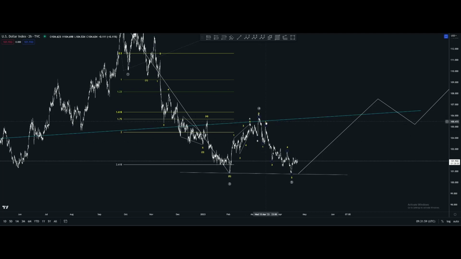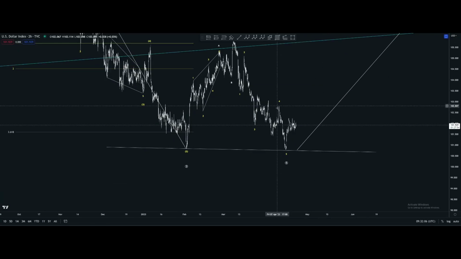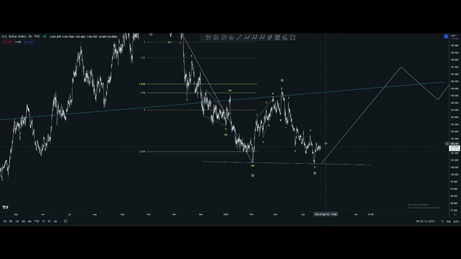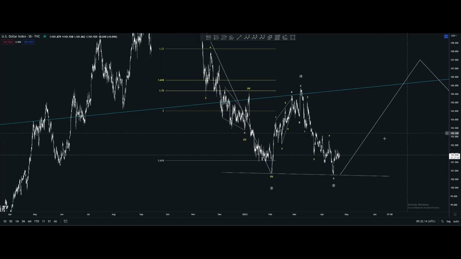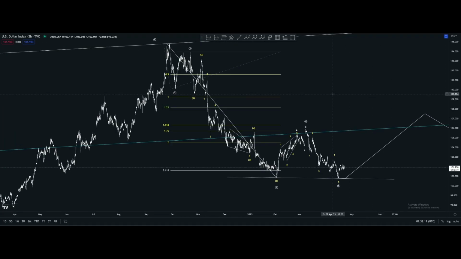So I made an impulse here, 1, 2, 3, some sort of a sideways 4 and a 5. Because even this move here has an impulse in it. This thing is yet to be proven to give us an upwards move.